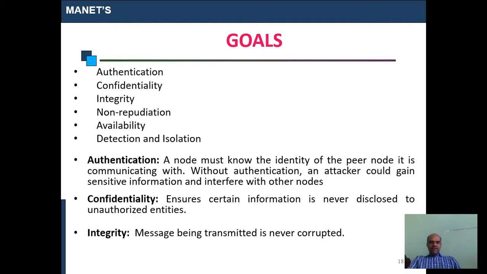Availability means the node should be available to communicate at all times. Detection and isolation require the node to identify the misbehaving nodes which are not behaving properly with the neighboring nodes; that node has to be detected.